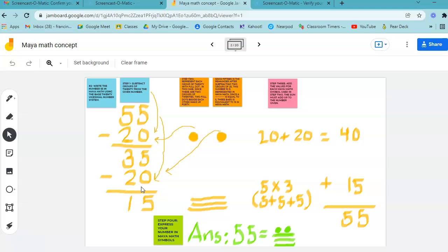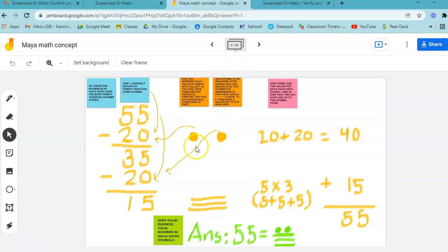As you can see, step 2 asks that each group of 20 is represented with a full dot. Following the arrow, we have one full dot, and for the second group of 20 we have another full dot.